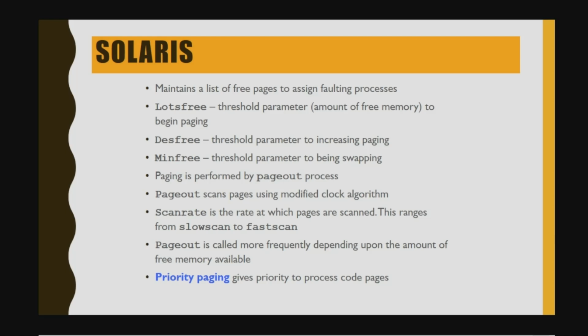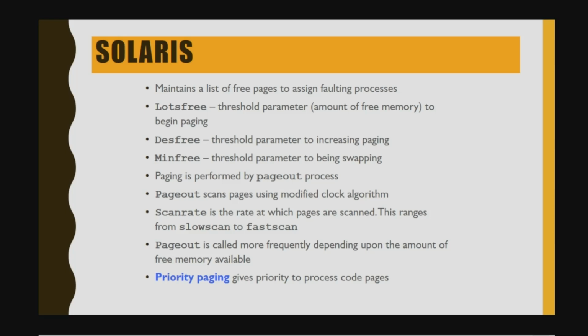Next is Solaris. In Solaris, the system maintains a list of free pages to assign to faulting processes. Lotsfree is the threshold parameter, the amount of free memory to begin paging. Then we have desfree, the threshold parameter to increase paging, and then minfree, the threshold parameter to begin swapping. Paging is performed by the pageout process. Pageout scans pages using a modified clock algorithm.